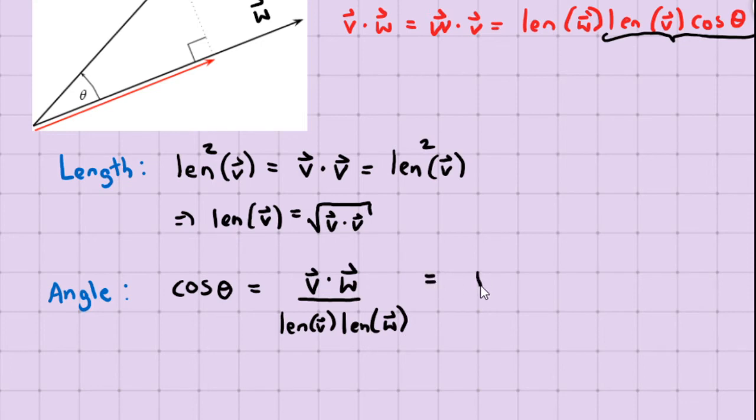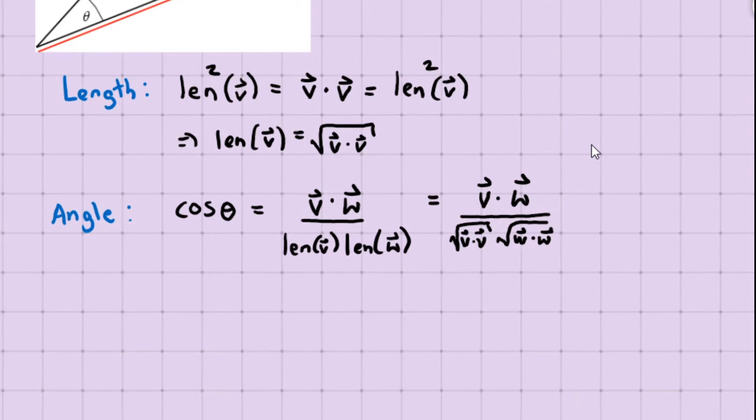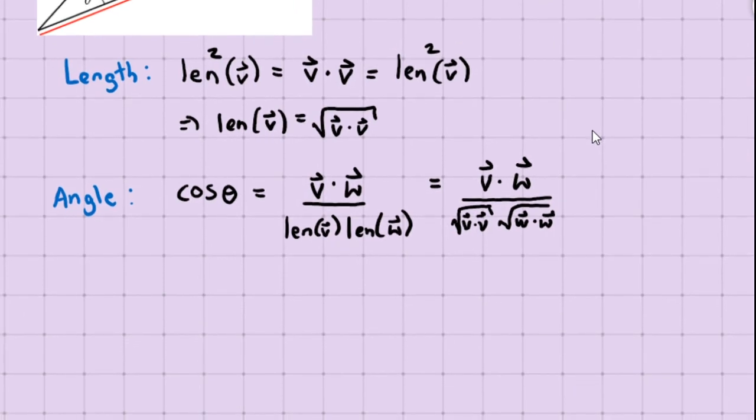Which is the same thing as v dotted with w divided by the square root of v dotted with v times the square root of w dotted with w. So everything there is written in terms of dot product, which we can compute perhaps using the components of the vector in some basis.